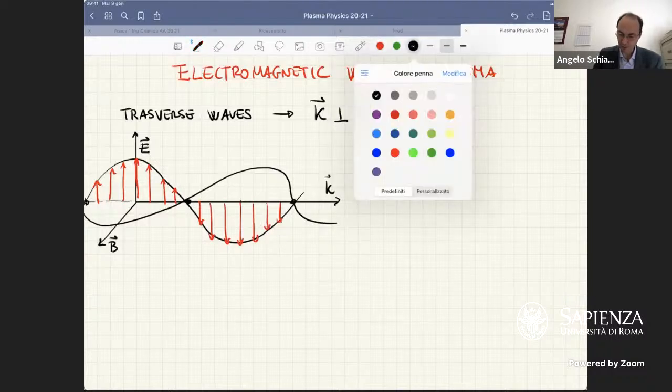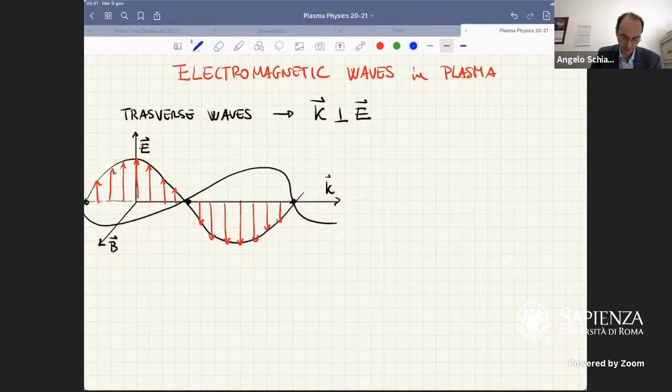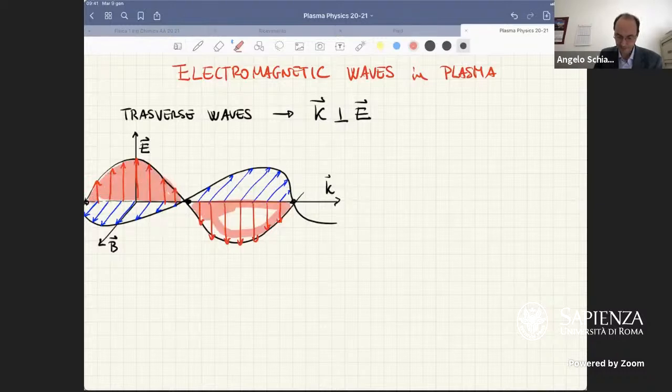Let's use blue color for the magnetic field. Magnetic field vectors here are somehow horizontal and change direction. Okay. And the plane of oscillation of the electric field is, let's say, in this case, a vertical plane in this plot, and the B field is oscillating in a horizontal plane.